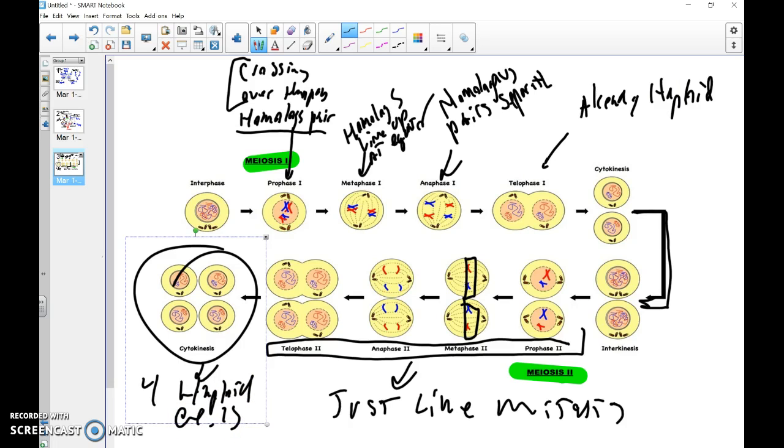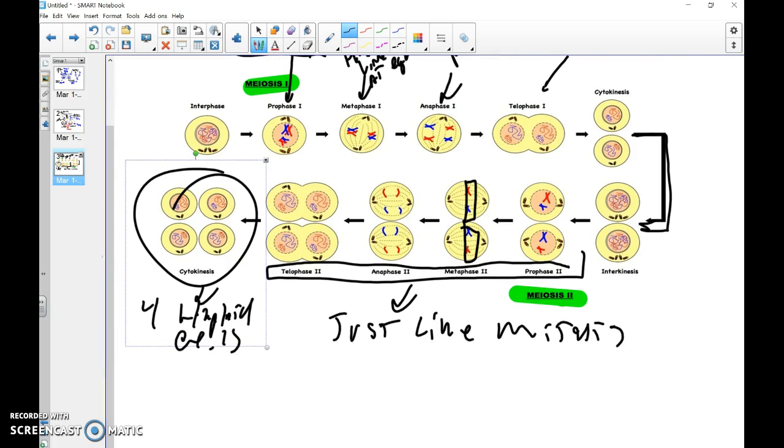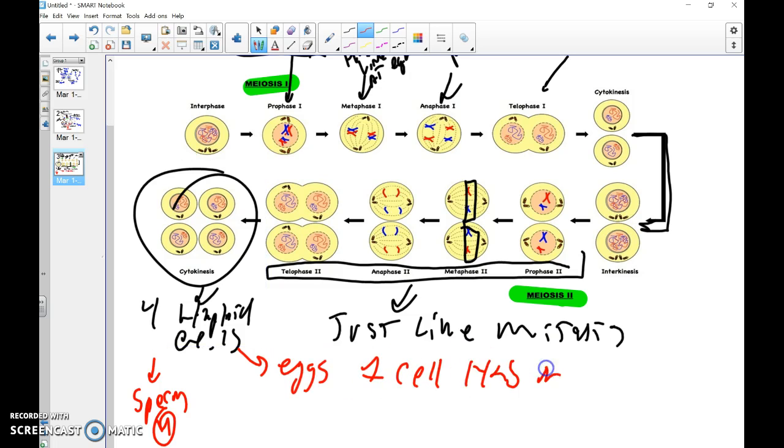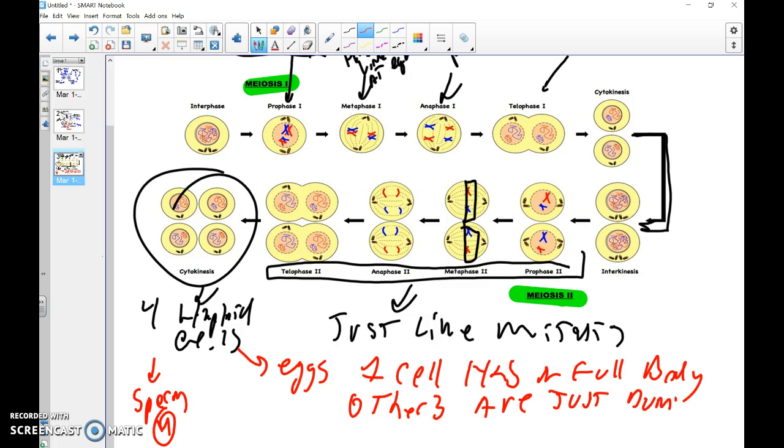Okay? Now, this is going to be really important. These 4 haploid cells. If there's sperm, there's 4 of them. If they're eggs, only 1 cell has a full cell body. Other 3 are just dummy nucleus. The egg cell has to have everything the cell needs.